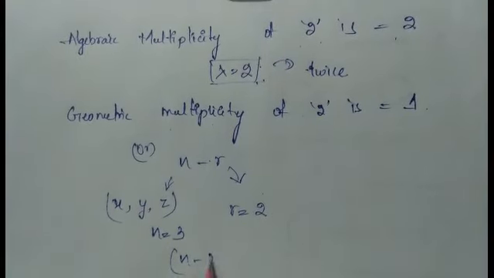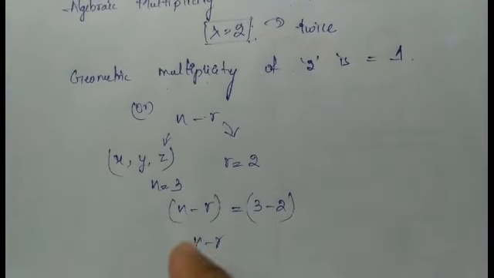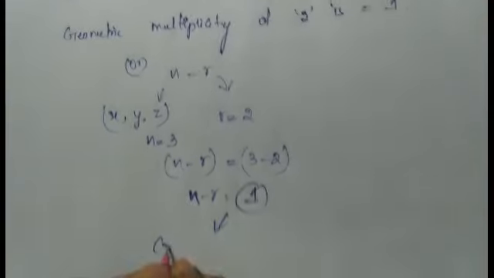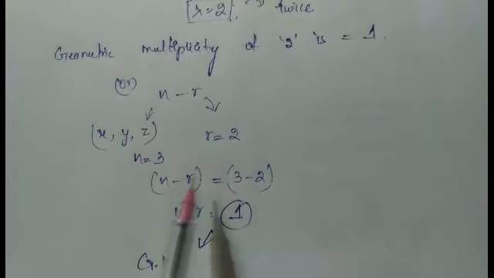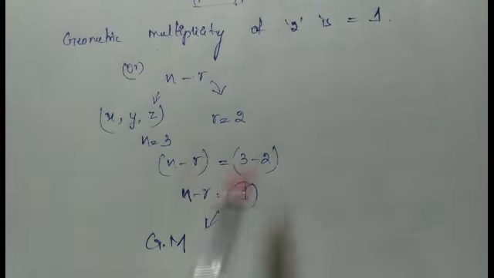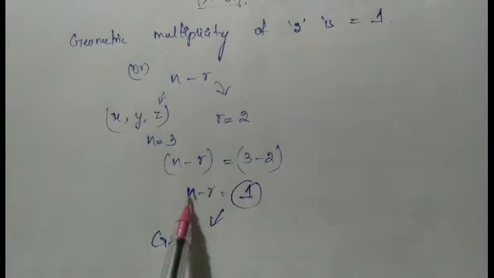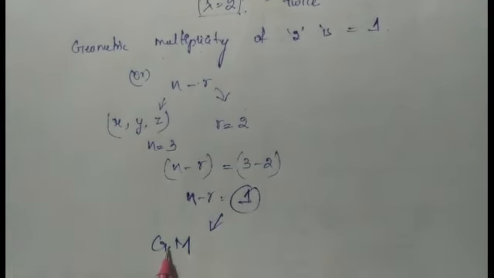Then n minus r equals 3 minus 2, which is 1. This gives the geometric multiplicity. If you find it this way, you need to find the rank of the matrix and then solve n minus r, and you will get the value 1, which is the geometric multiplicity.